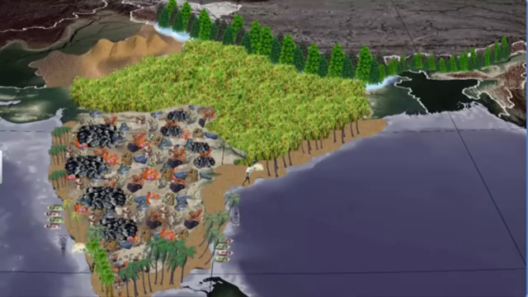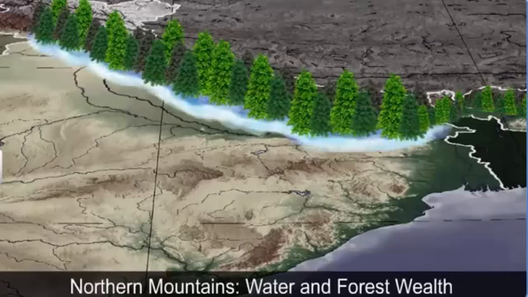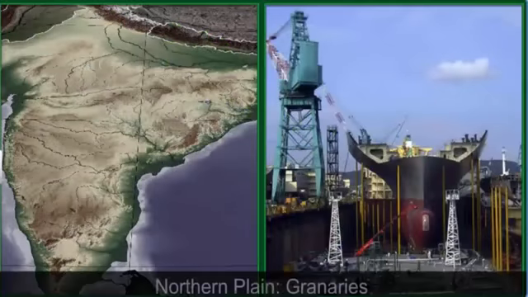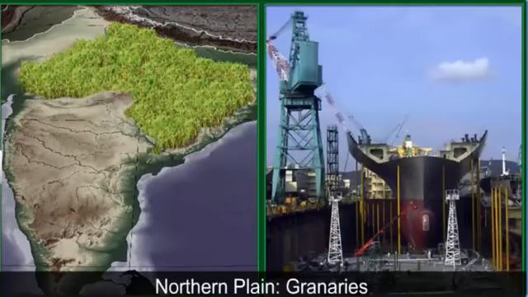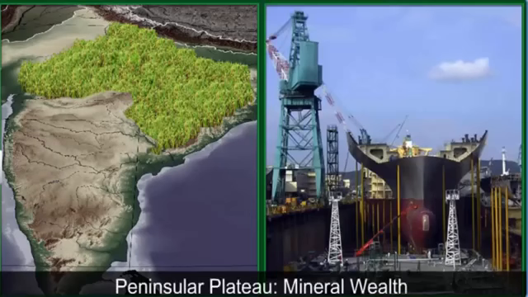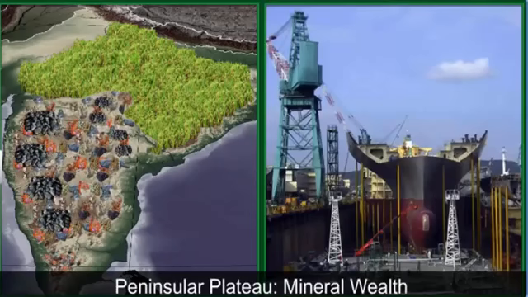As you may remember, the northern mountains are the major sources of water as well as forest wealth. The granaries of the country lie in the northern plain, while the plateau provides vast mineral wealth to the country. These minerals have played a vital role in the country's industrialization.